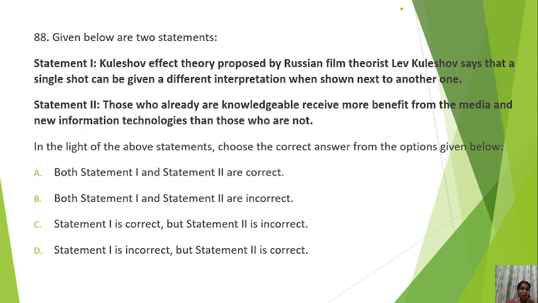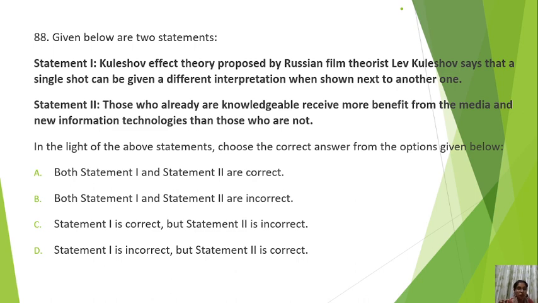Next is Kuleshov effect theory, proposed by Russian film theorist Lev Kuleshov, says that a single shot can be given a different interpretation when shown next to another one. See, read the statement again. We didn't know who gave this theory, but they said proposed by Russian film theorist Lev Kuleshov.